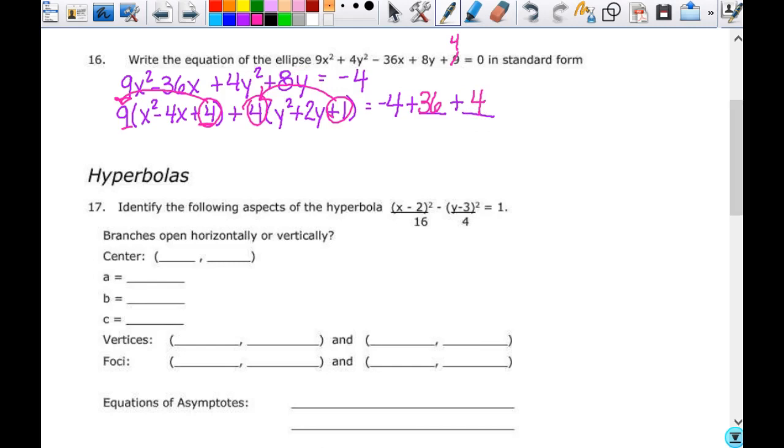So then I can go ahead and clean this up. This gives me 9 times x minus 2 squared plus 4 times y plus 1 squared equals, well, negative 4 and 4 cancel out, so you just get that 36. So now I divide through everything by 36.